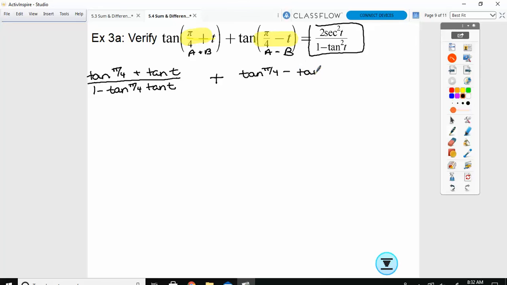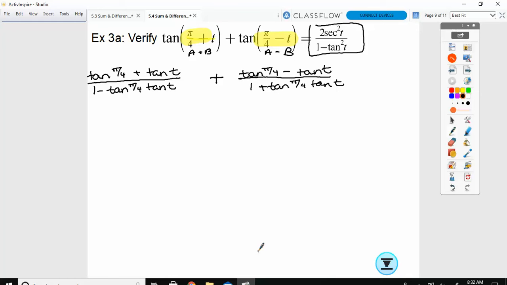So that's tangent of A minus tangent of B over 1 plus tangent of A, tangent of B. Okay, pi over 4, that's like 45 degrees.